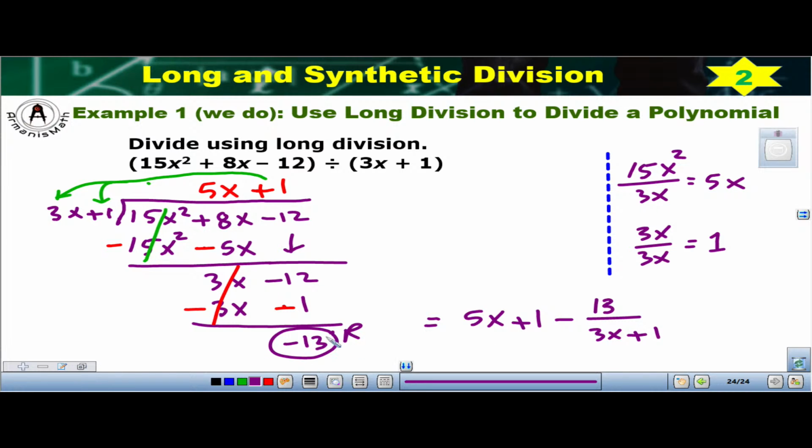I had hoped to have a 0 here. If I have a 0, that means this is a factor and this is a factor, and I could multiply them to give me the original polynomial. But that was not the case here. So up until now, that didn't work.